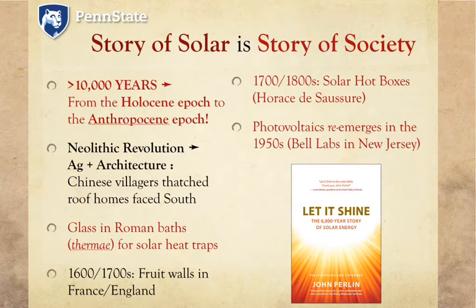And one of the things in Perlin's reading that I want you to take a look at, you've already read about the Roman baths and windows and glass and how that allows energy, shortwave light, in, but traps convective air that's warm, and it also traps long-wave radiation into a room. You're going to see a similar type of development in Chapter 5 of Perlin, tied to the 1600s, 1700s.